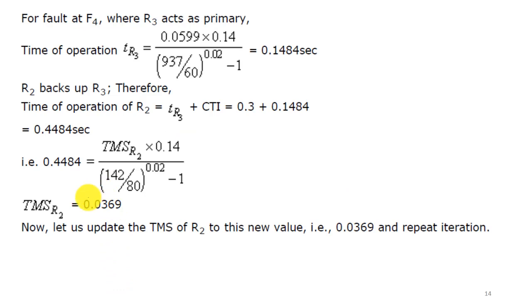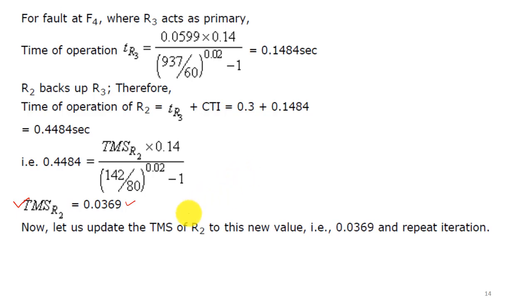Now again we calculated the time of operation for R2, then we found again the TMS for R2, which we found to be 0.0369, right, in the second iteration. And in the first iteration, we chose the calculated value as 0.037, right?